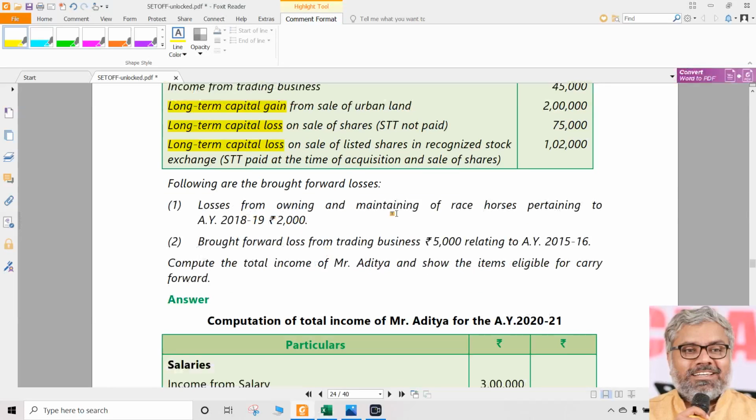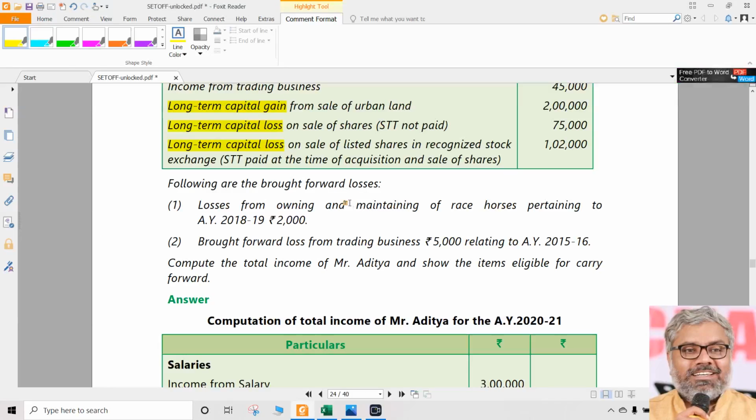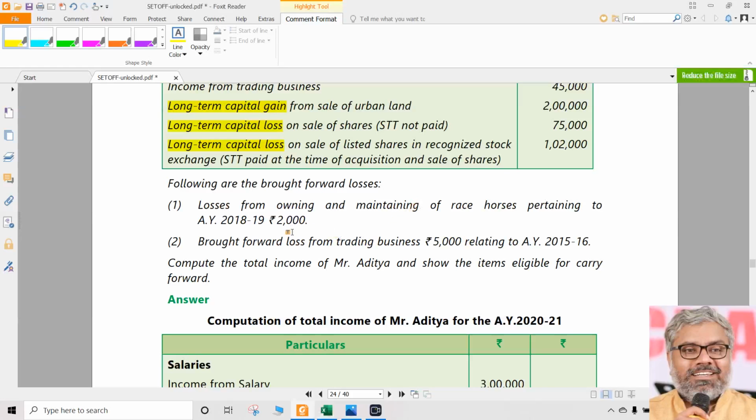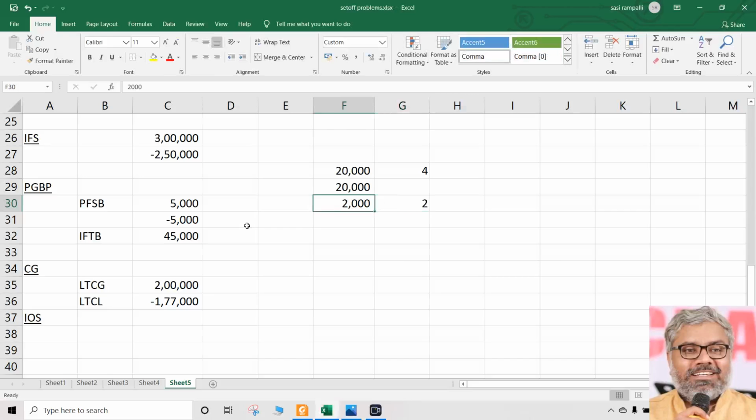Then losses from owning and maintaining resources pertaining to assessment year 18-19, 2,000. Sir, we cannot do anything because there is no profit from such activity in this year. We cannot set it off. Not possible to set it off. But how many years can it be further carried forward? 18-19 is the loss, and the 19-20 assessment year is over. 2021 we could not set off. So 2 more years this can be carried forward.